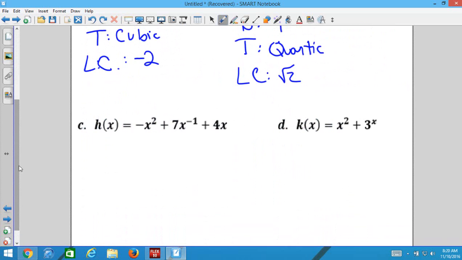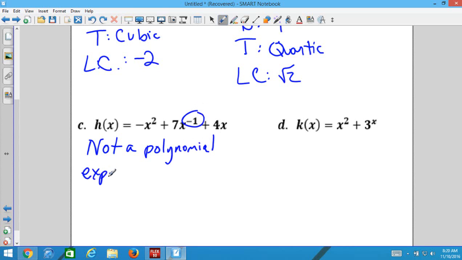Okay, next one. Is it a polynomial? It is not a polynomial. So if it's not a polynomial, let's explain why. It is not a polynomial because exponents on variables must be greater than or equal to 0.